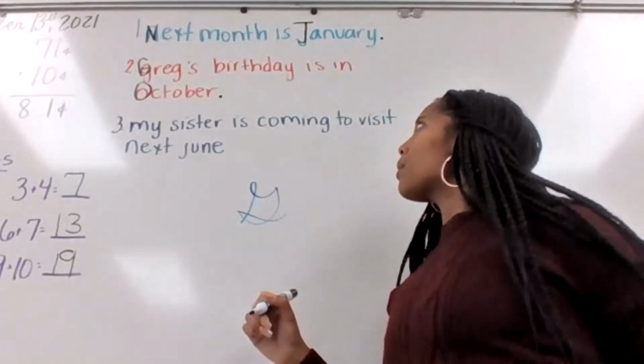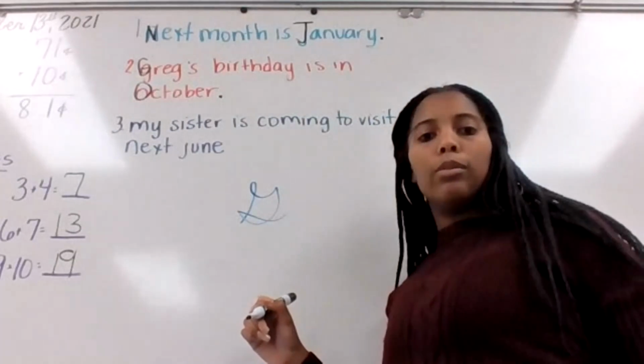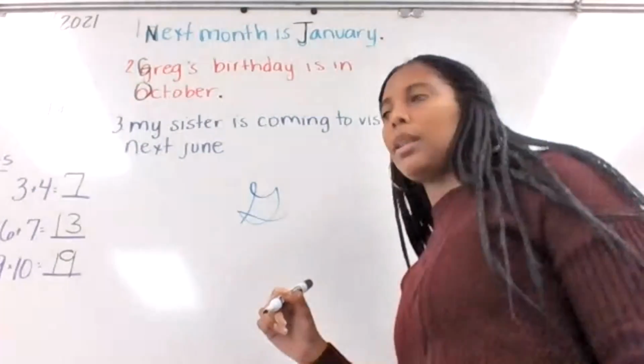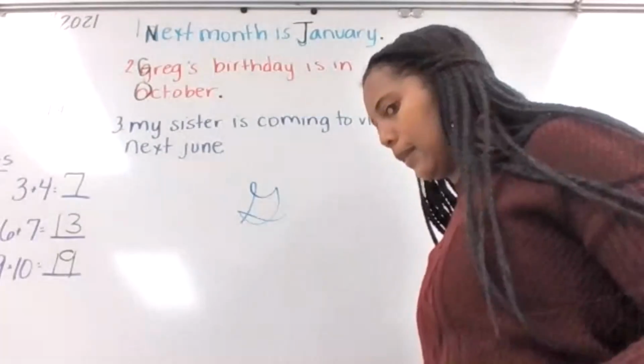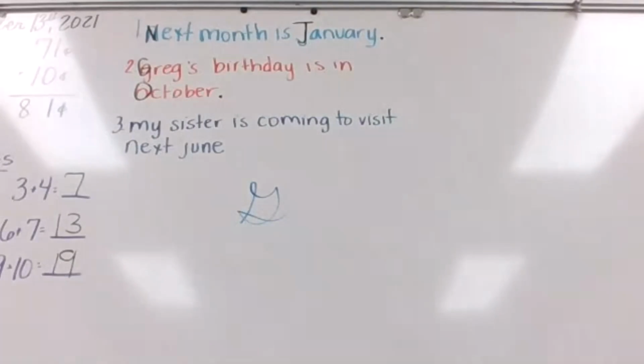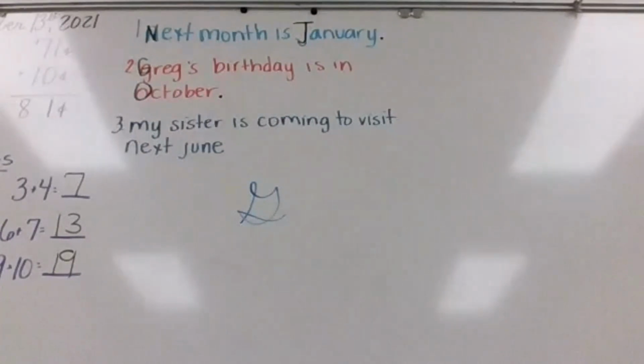Okay, number three, my sister is coming to visit next June. Okay, look at your month in here. My sister is coming to visit next June.